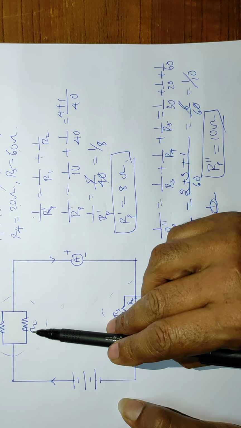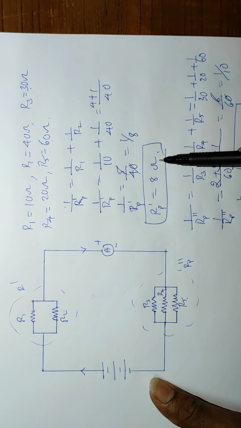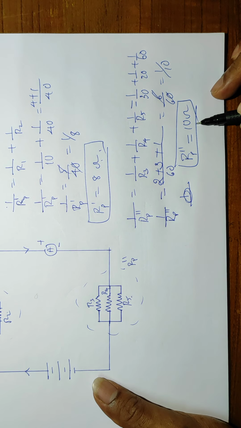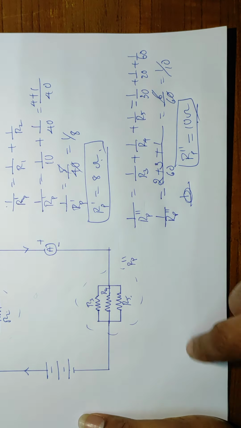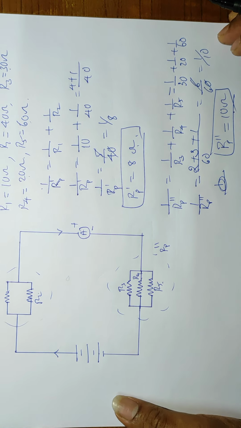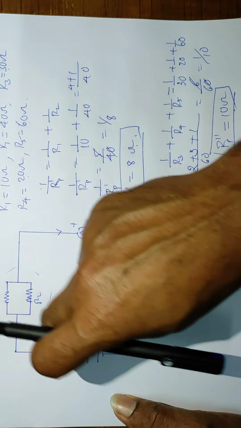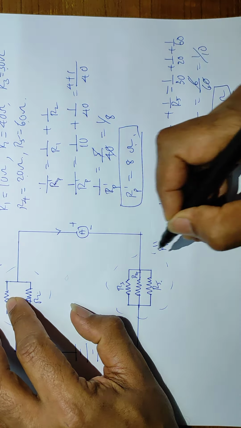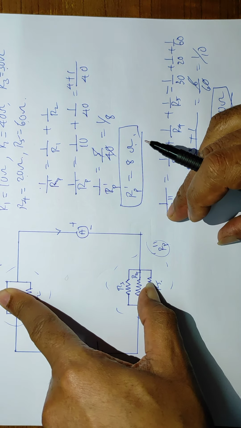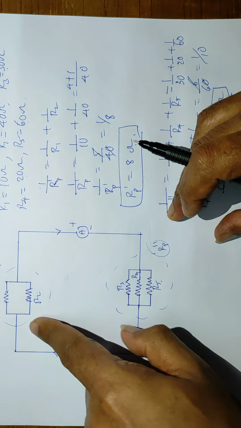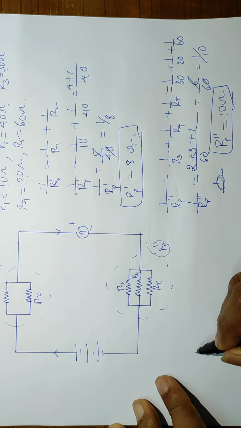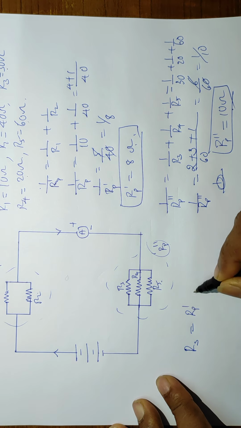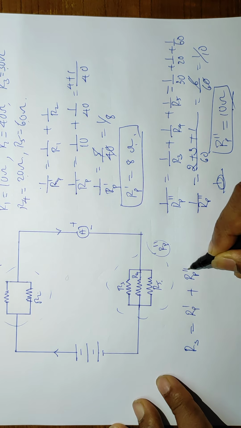Here, the equivalent resistance of this combination is 8 ohm and the equivalent resistance of this combination is 10 ohm. Now we have to calculate the circuit resistance, that is the equivalent resistance of the circuit. So here Rp dash and Rp double dash, these two combinations are in series. Therefore Rs is equal to Rp dash plus Rp double dash.